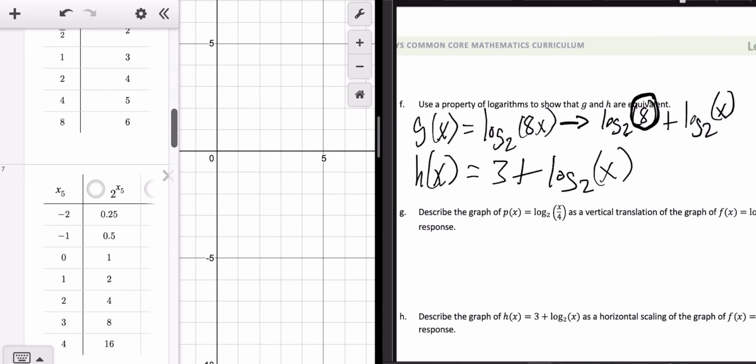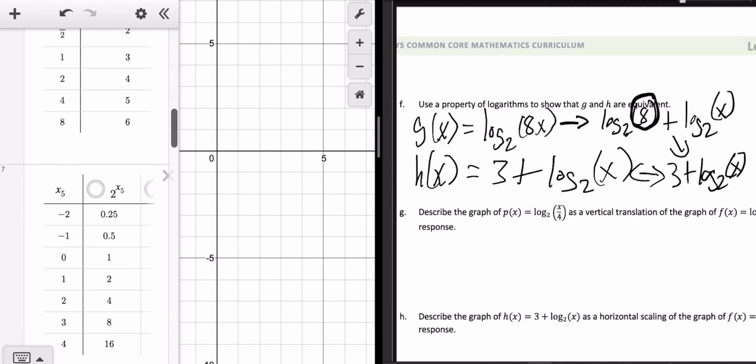That is 3. So here we would have 3 plus log 2 of x, which is exactly what we have right there. So if you break apart that log, you can end up getting that exact same function. And that's the reason why you're getting the exact same graphs and the exact same points. Okay.